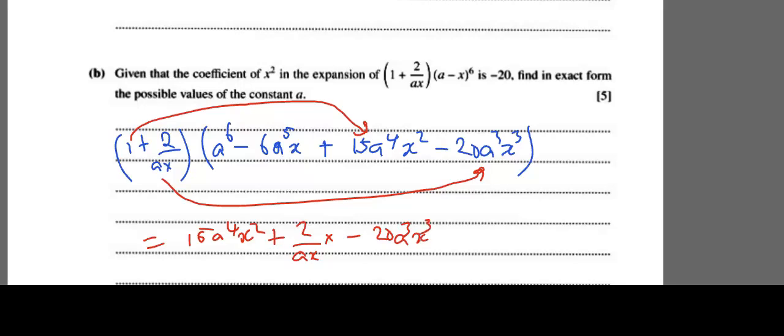So you take 1 multiplied by 15 a power 4 x squared, and we take 2 divided by ax multiplied by negative 20 a cubed x cubed.